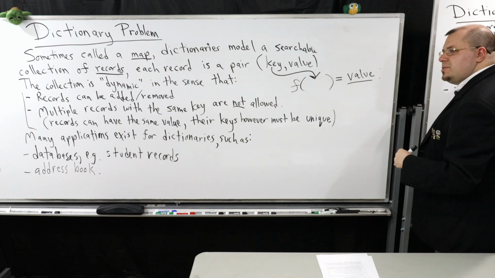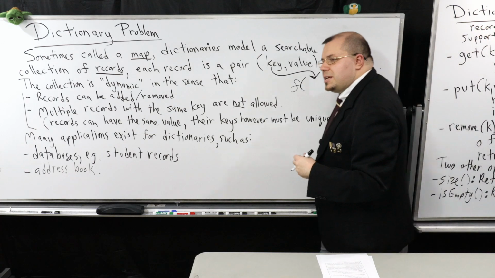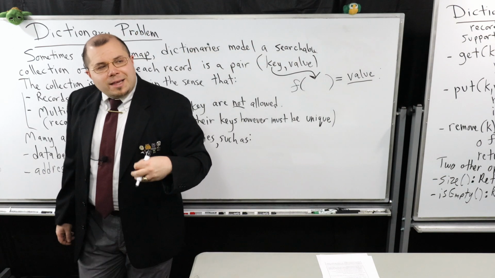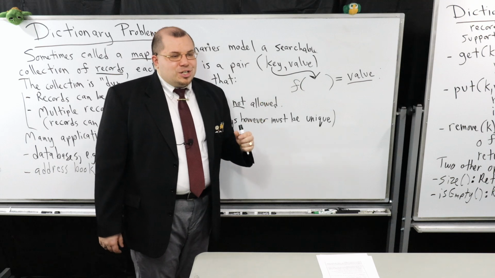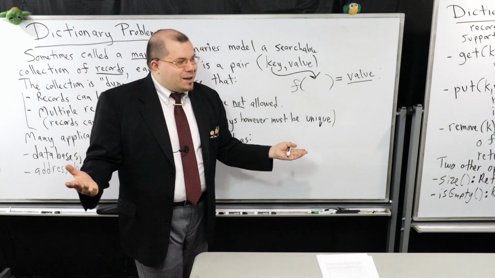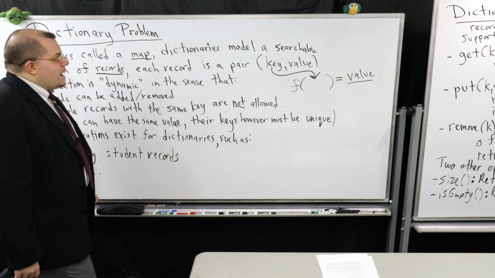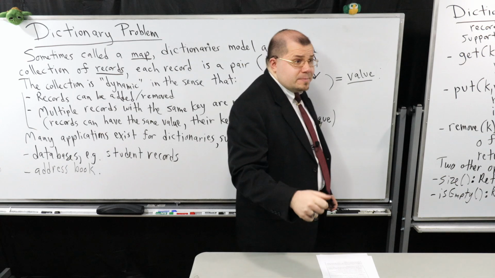Why should I be able to do this? It's because each one of the keys is unique. If I had two keys that were the exact same, I wouldn't be able to tell you which value I should be getting. Should I be getting the value associated with the one record or the one with the other? So it's really natural if you think about it in terms of looking up a result.